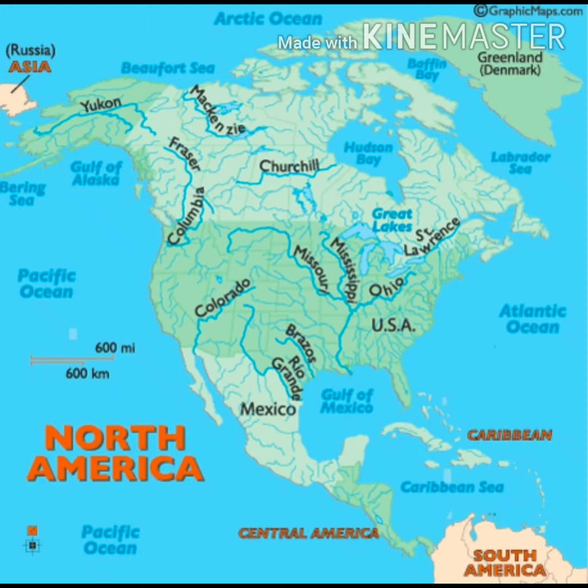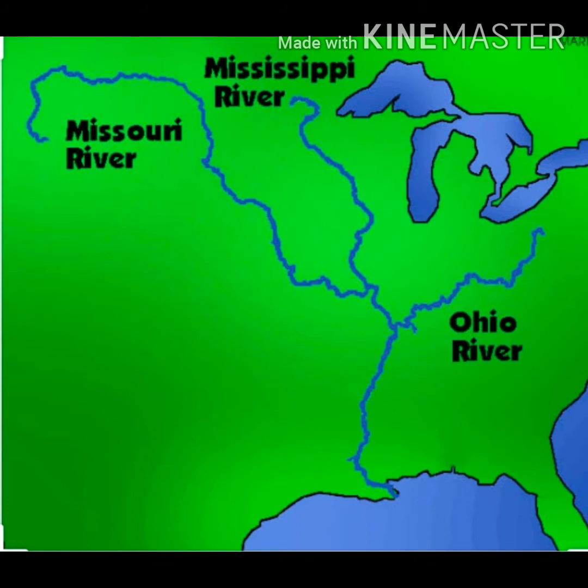First, Mississippi. Mississippi is the longest river of North America and the fourth longest of the world. Its source is Lake Itasca, and from there it flows towards the south through the central lowlands.